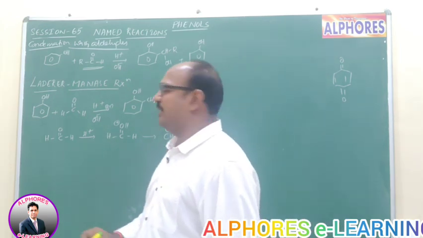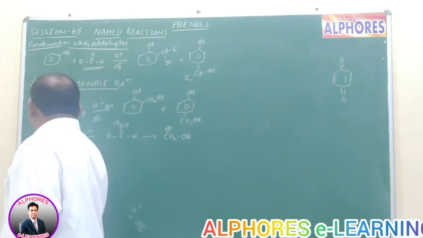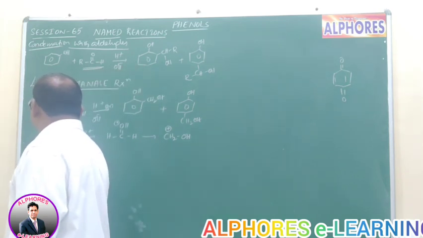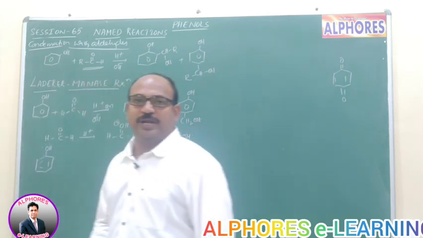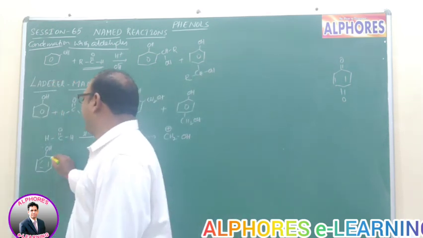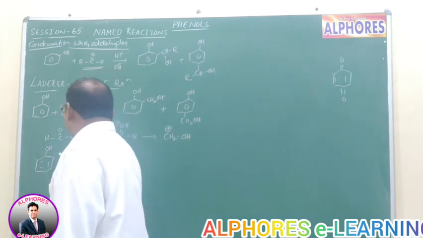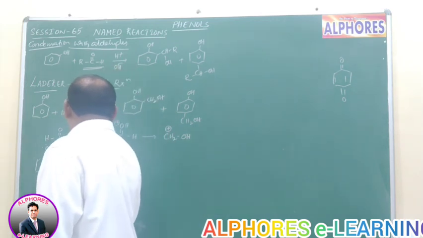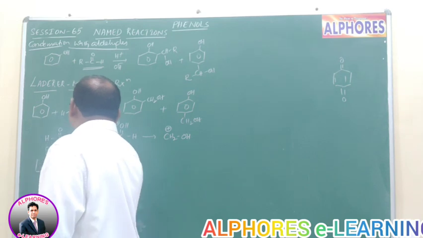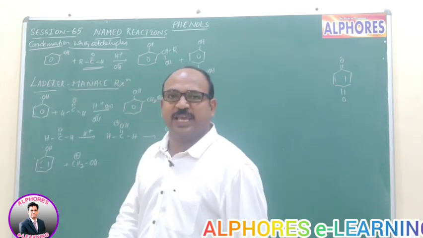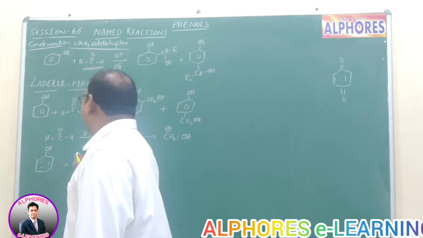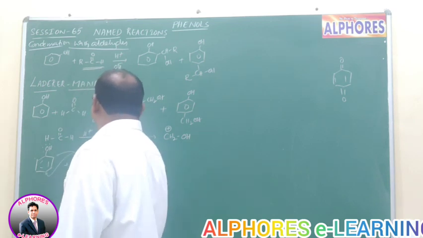Now CH2OH plus is the electrophile. As we know, the phenolic OH group is activating. It donates electrons to the ring, and further it makes the ortho and para positions electron rich. Upon these electron rich ortho and para positions, the electrophile CH2OH plus has to come and attack either of these two positions.